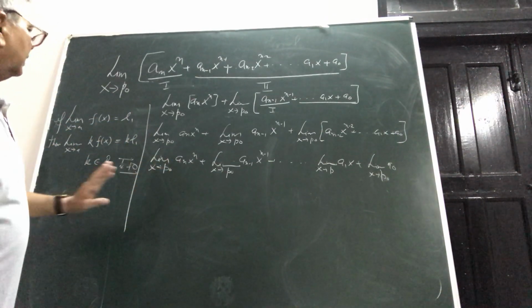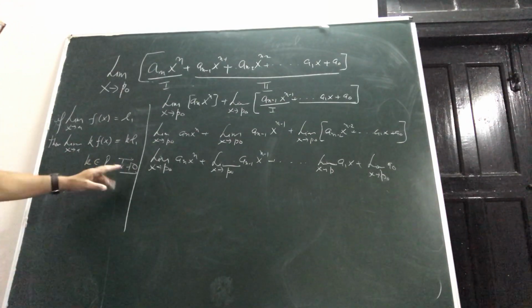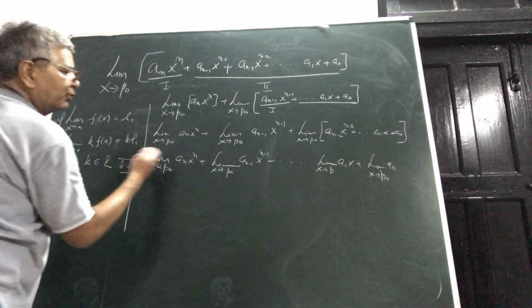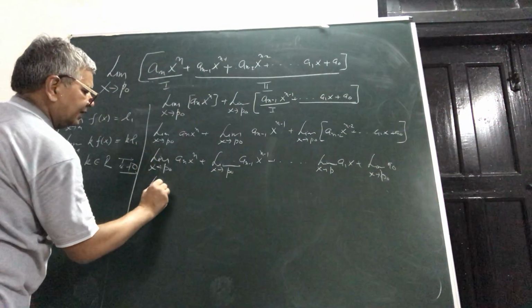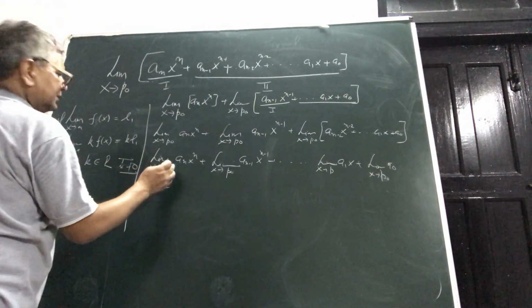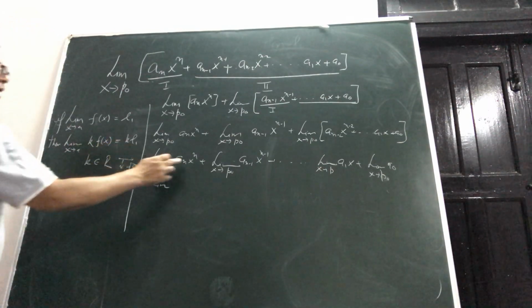So here eventually what we will get is that this a term will come outside, because of the limit. By this theorem, it is a times the limit of this thing.